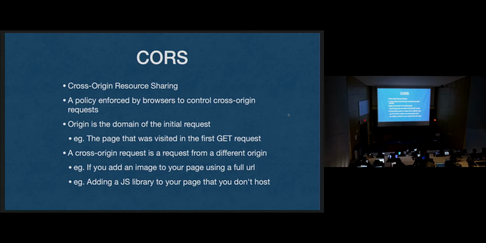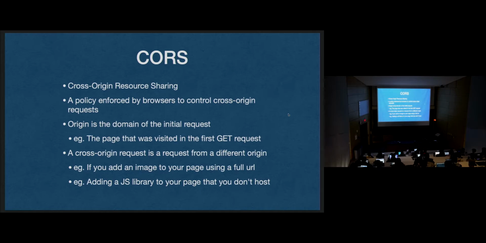The origin is the domain and port of the server that sent you the HTML, the root HTML, the first request that was made in that chain. There might be a whole bunch of other stuff that happens after that, but the very first one, that's the origin of the page you're navigating.